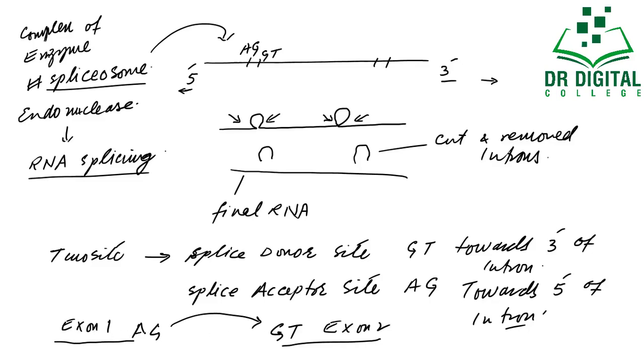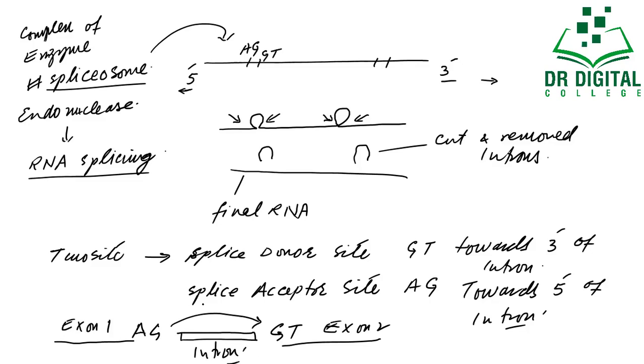Now AG of exon 1 will join with the GT of exon 2. So AG is the splice acceptor site and GT is the splice donor site. So this will join with this one, and in between, this intron will be removed.